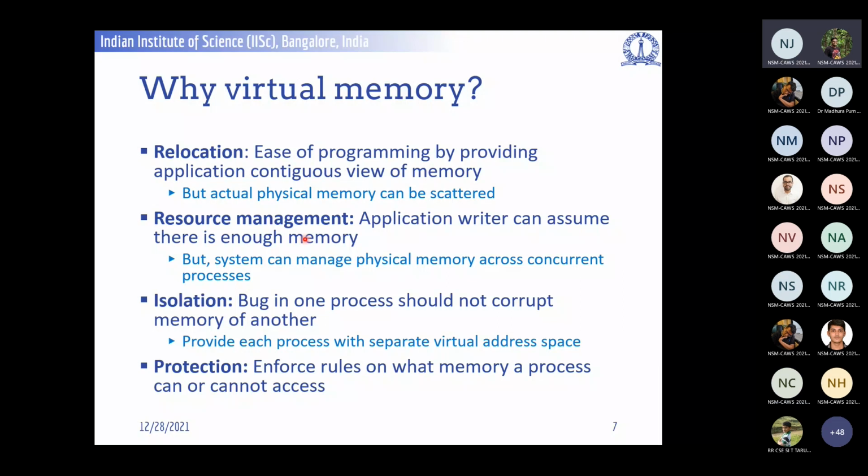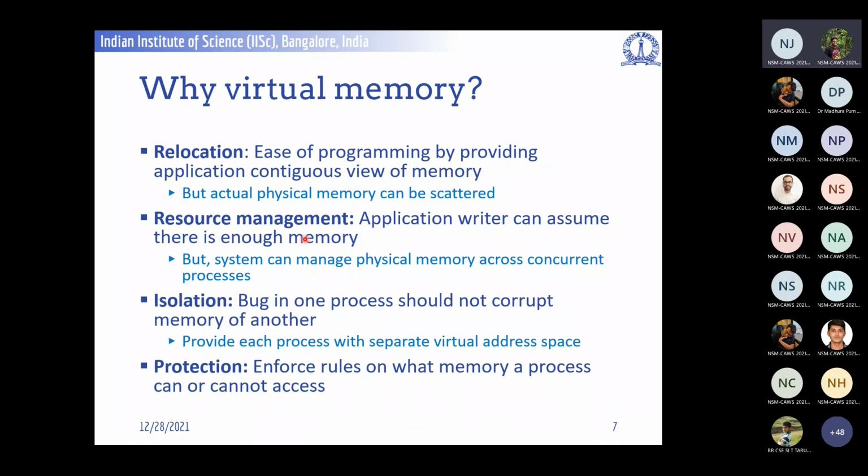There are other benefits, for example, isolation between processes. There can be hundreds of processes running on a system at a given point of time, and you don't want one buggy process to create trouble for the other 99 processes that might be running at the same time. Since each process has access to its own virtual address space, it cannot look into another process's virtual address space.